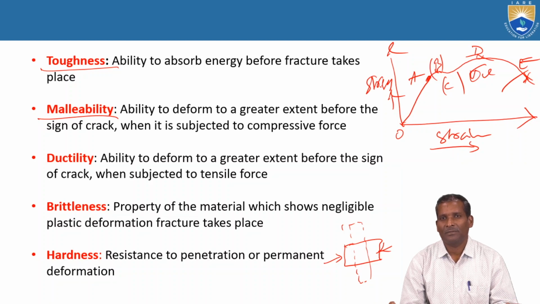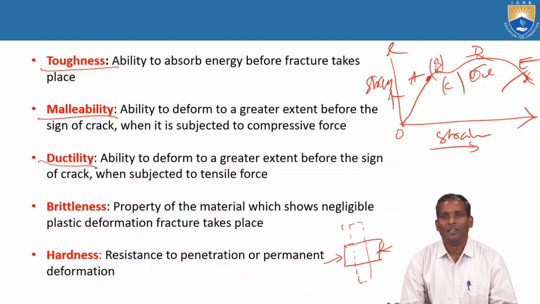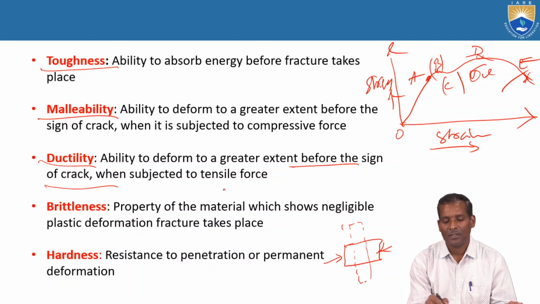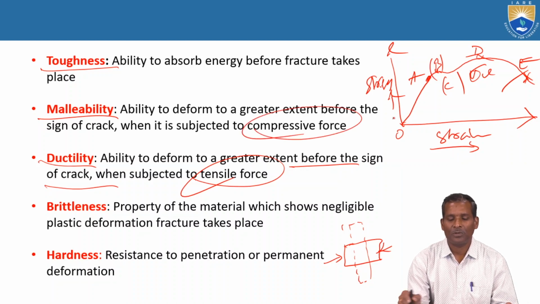Next, ductility. Ductility is a property of a material, the ability to deform to a greater extent before the sign of a crack when it is subjected to tensile force. In the ductility property, the applied load is tensile load and for malleability it is compressive force. Clear?